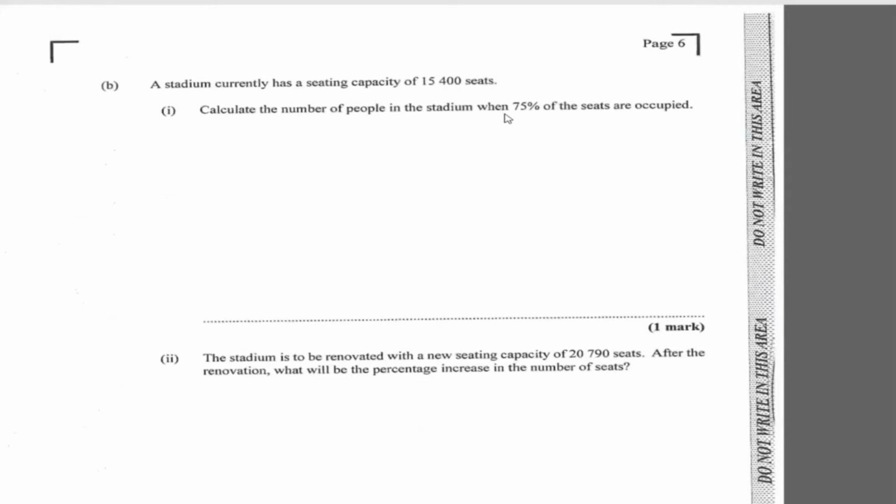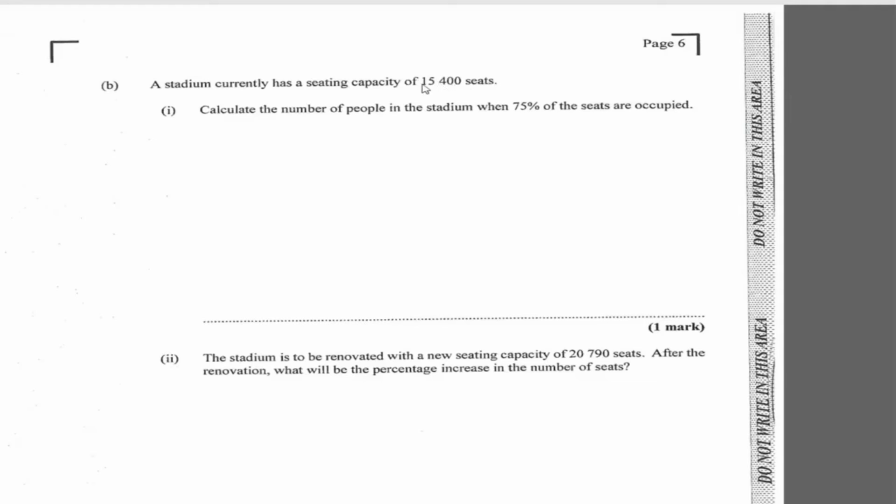It says, a stadium currently has a seating capacity of 15,400 seats. Calculate the number of people in the stadium when 75% of the seats are occupied.